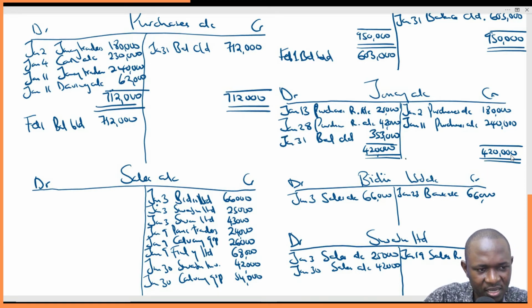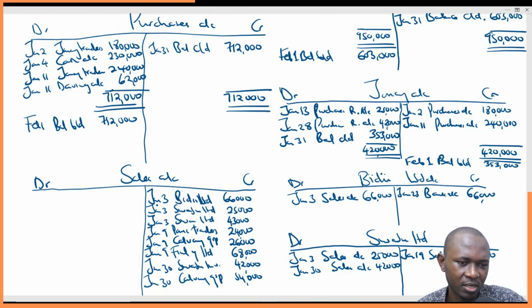So we come here and say Feb 1st, balance brought down how much? 353,000, like that. So that's how we go about that.